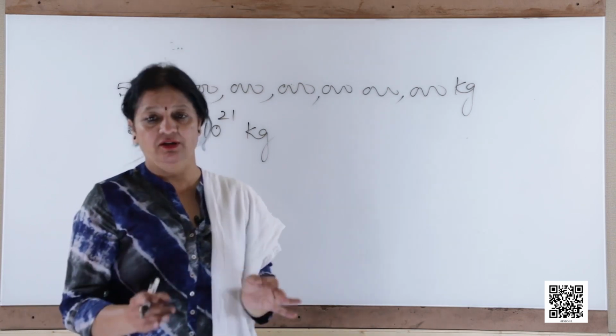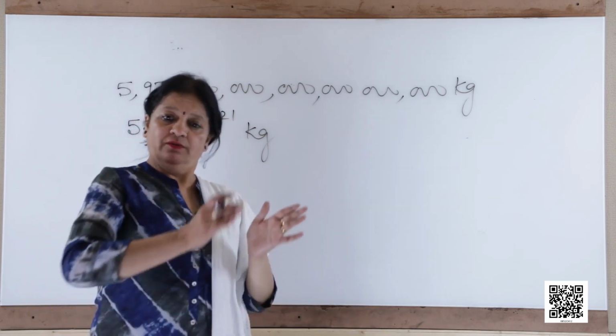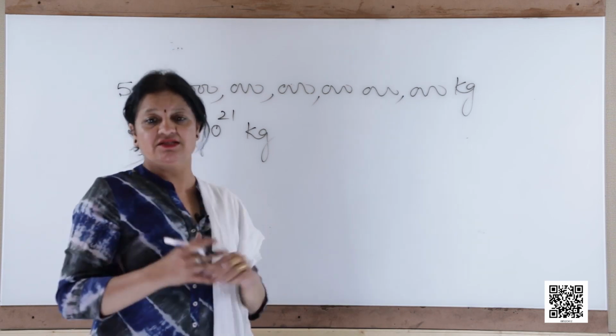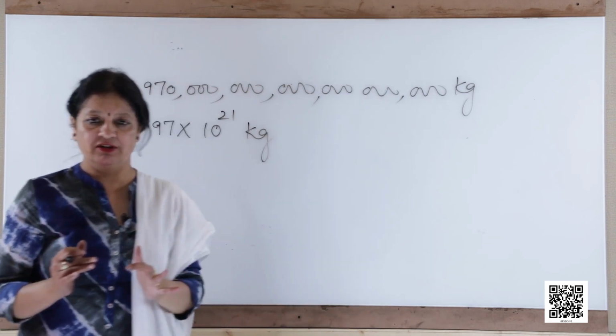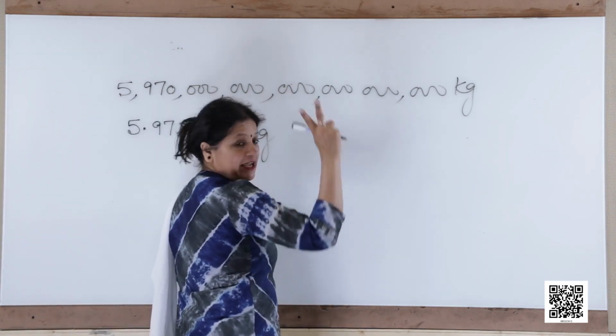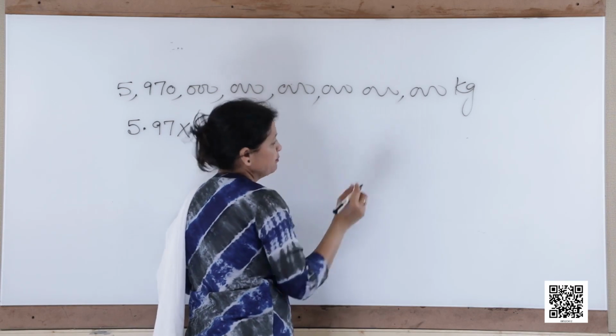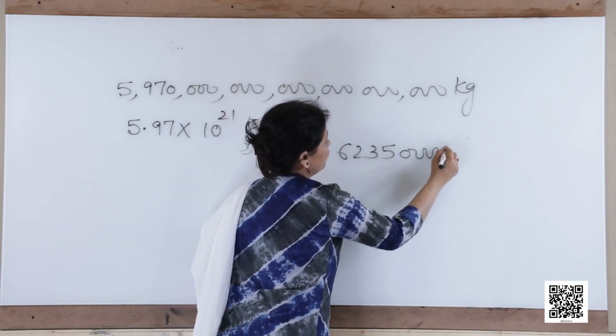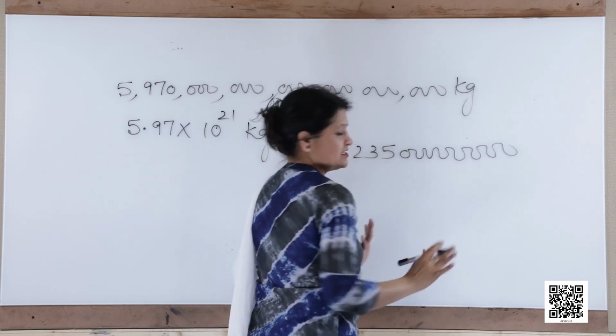I'll tell you the method to write very small and very large numbers easily in standard form. That is a very easy way. I'll explain it by taking two examples. For example, you have 6, 2, 3, 5, 1, 2, 3, 4, 5, 6, 7, 8. This is the number.